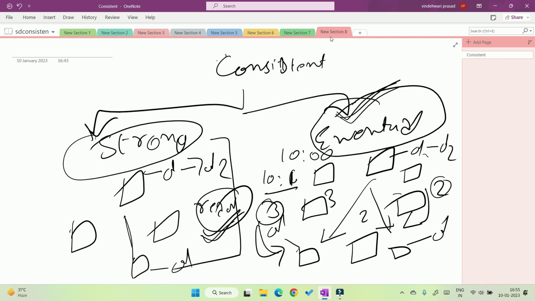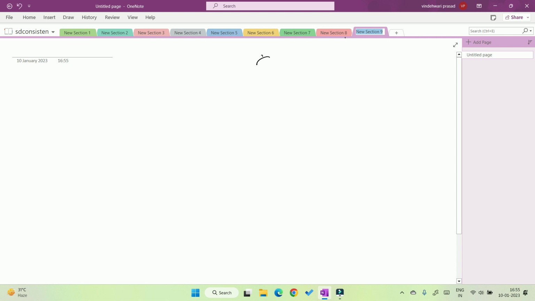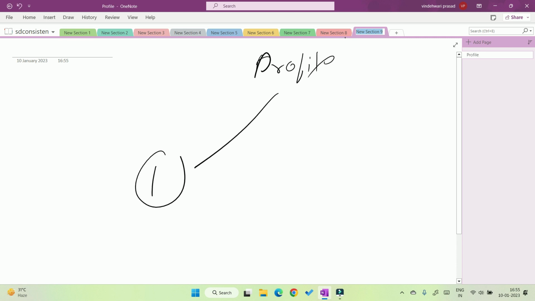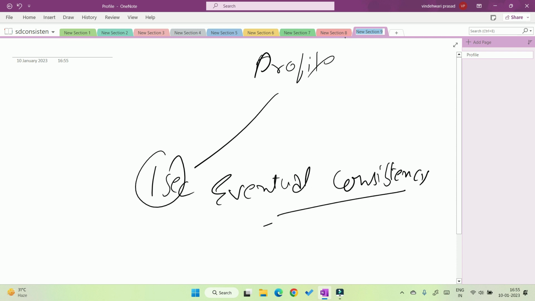If your friend changes their profile picture, but you are able to see it after 1 second, there is no loss. So these social media companies or many highly available applications follow eventual consistency, but there are many systems which can't follow eventual consistency.